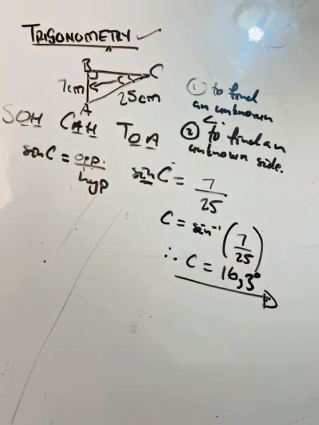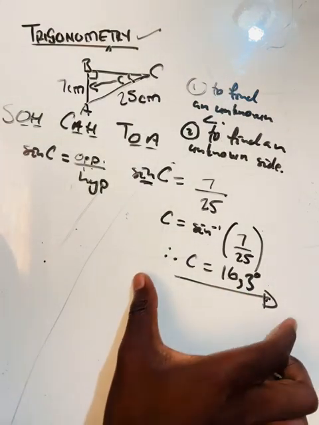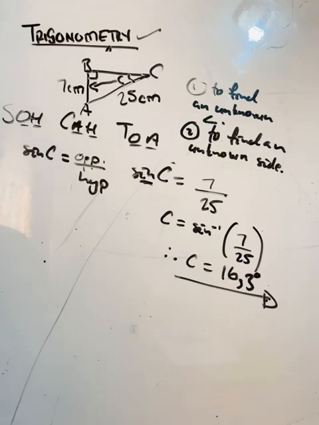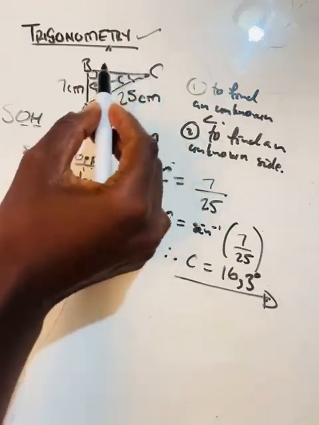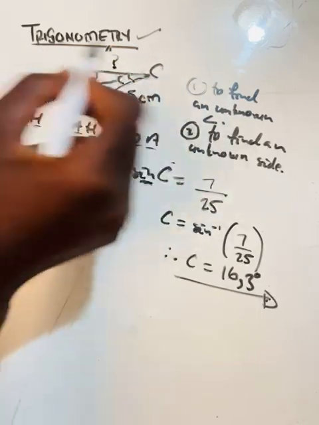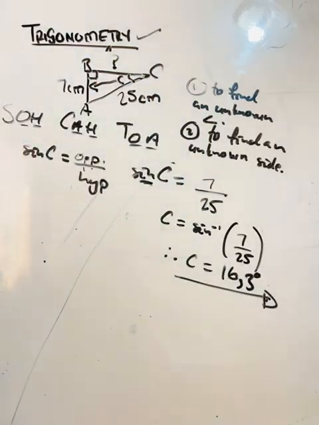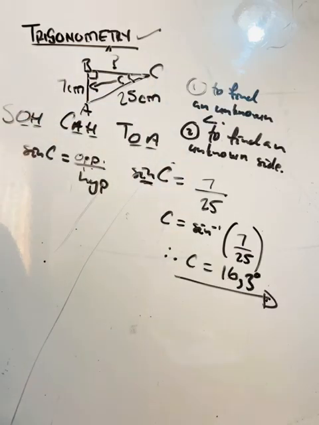All right. So, we have found an unknown angle. So, what are we going to do? Observe here, we have got this line BC, and we do not know how long line BC is. We are not going to use Pythagoras theorem to find line BC. We are going to use what? Trig ratios.